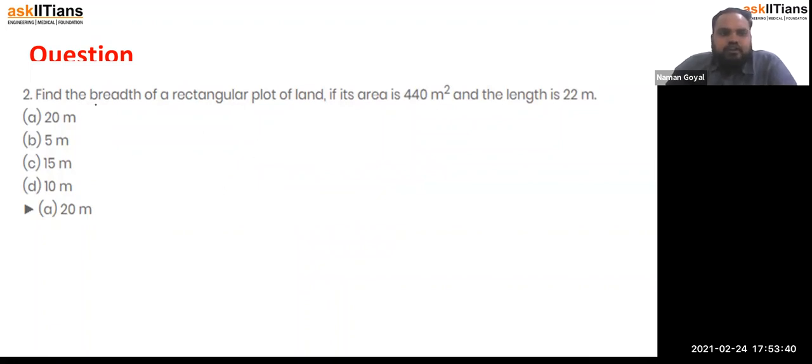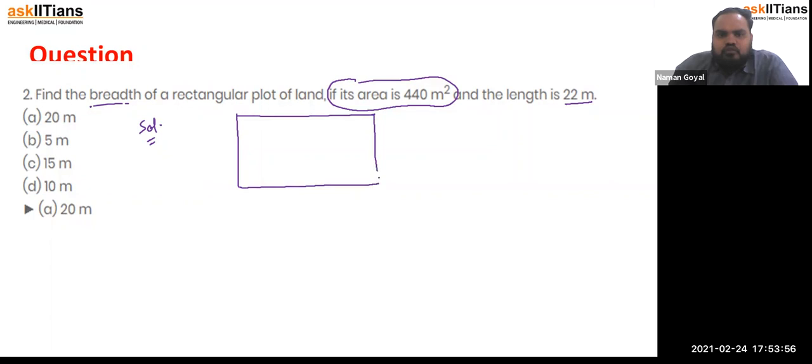Find the breadth of a rectangular plot of land if its area is 440 meter square and length is given. Very simple question again. Solution: now see, there is a rectangle whose length is given, length is equal to 22 meter.